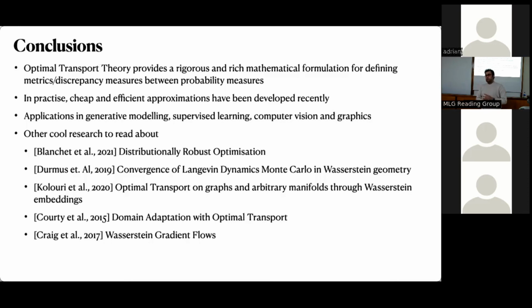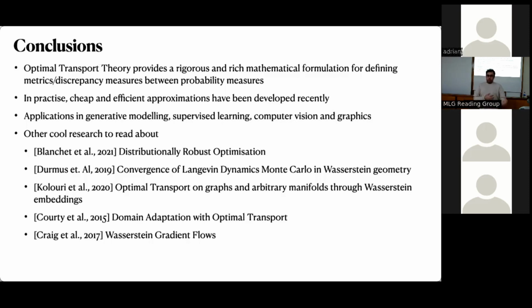You can plug these into deep learning, you can optimize massive neural networks by optimizing some regularized version of these distances. And it has seen a lot of applications in generative modeling, supervised learning, computer vision, and so on. And it's a really nice additional tool to know about and to use.